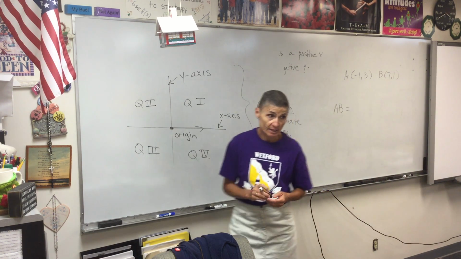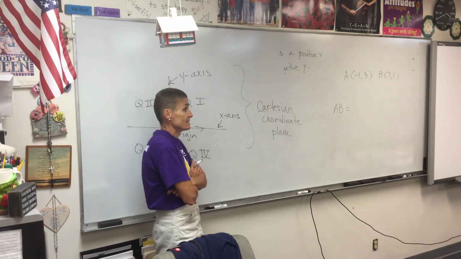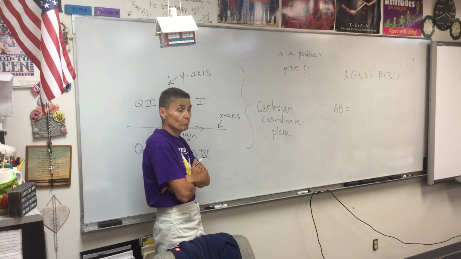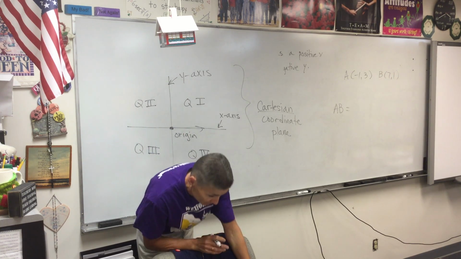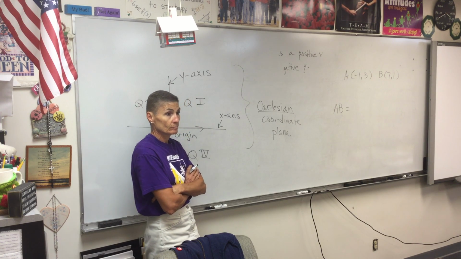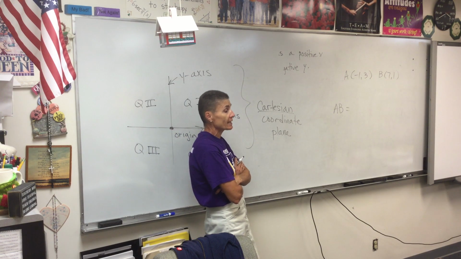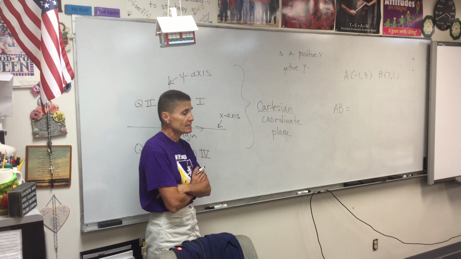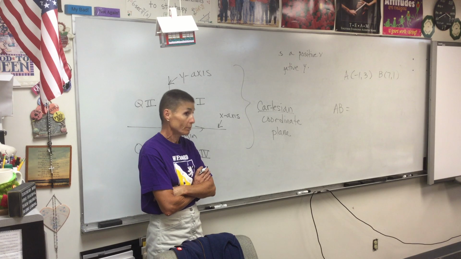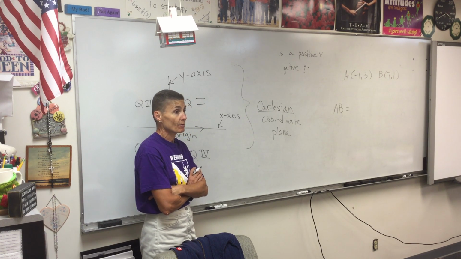Does anybody remember how to find the distance between 2 points? Is it like y2 minus y1 over x2 minus x1? Okay, something like that? You got something going there. It's not the distance. You're thinking about slope, and that's good. It's all kind of related together.